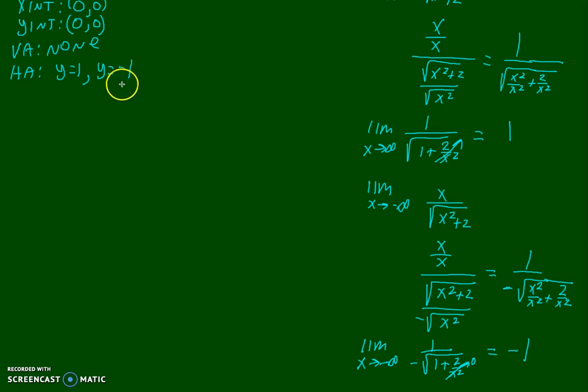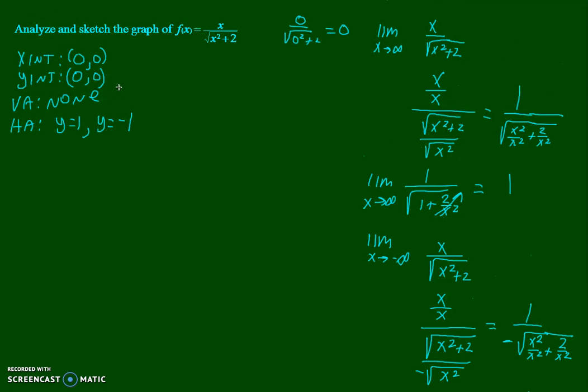Now what we're going to want to do is our first derivative to locate our extrema. So let's come back up here and grab our function, and let's start taking our first derivative.